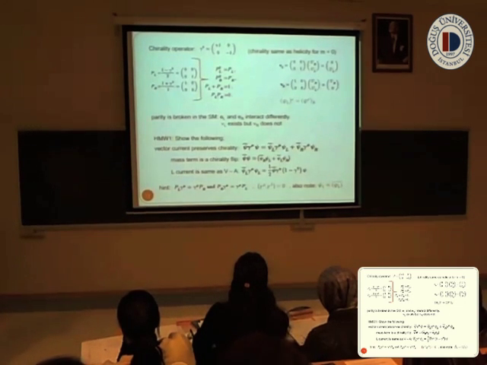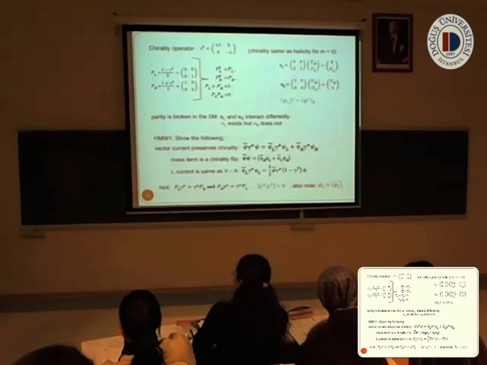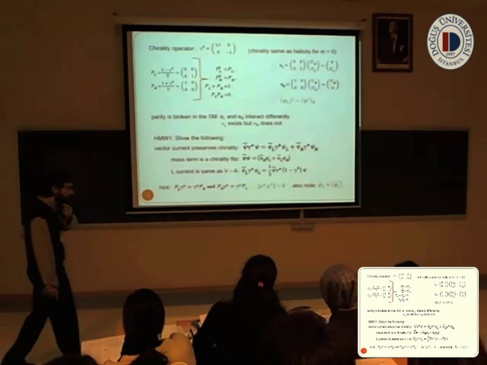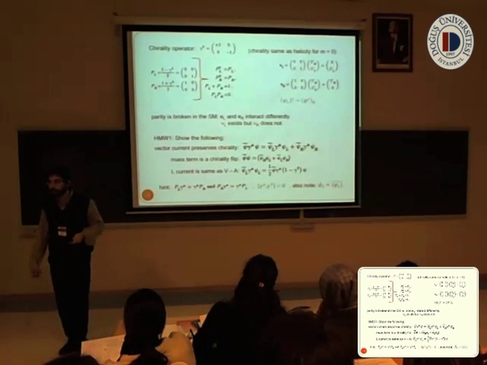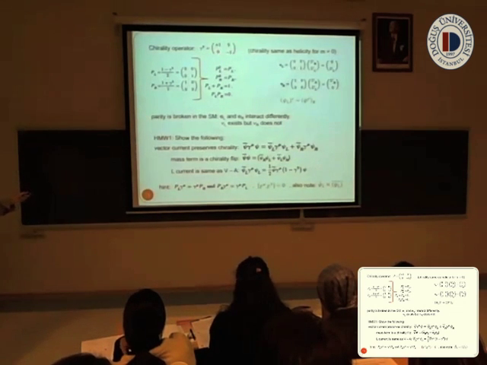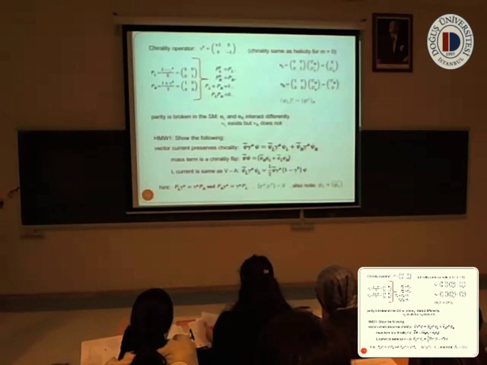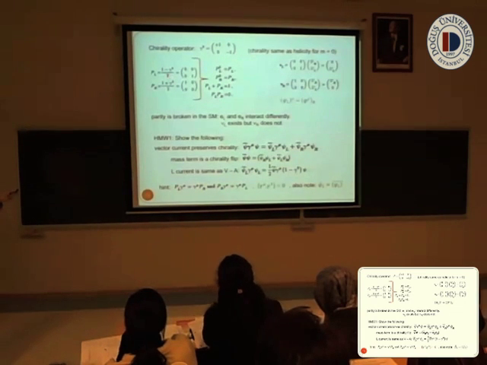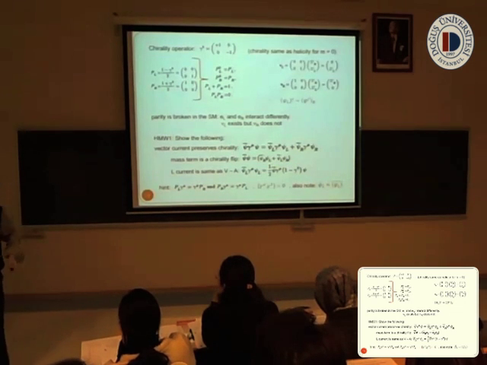Now, out of this gamma 5 matrix, you can form projection operators. They just take the left-handed part and the right-handed part of a spinor. You can see it explicitly from this basis, the Weyl basis. If you construct the matrix (1 minus gamma 5) over 2, it will just take the left-handed part when it hits the spinor, and (1 plus gamma 5) over 2 will take just the right-handed part.